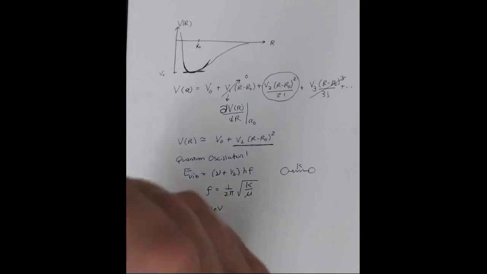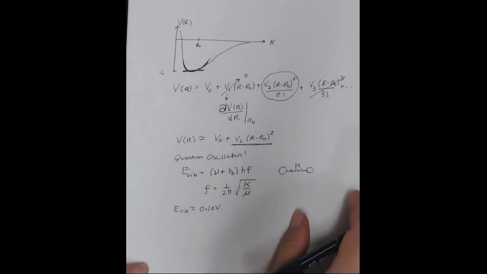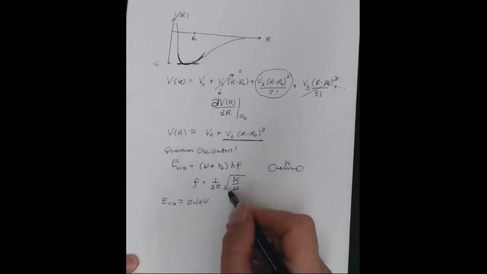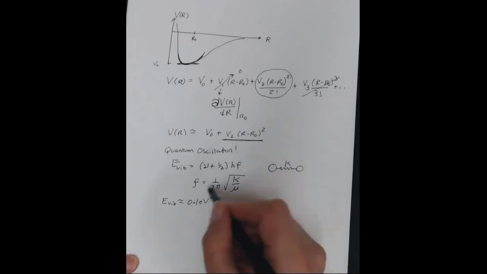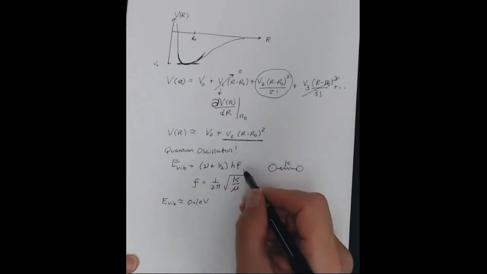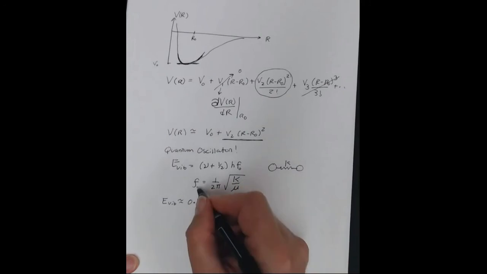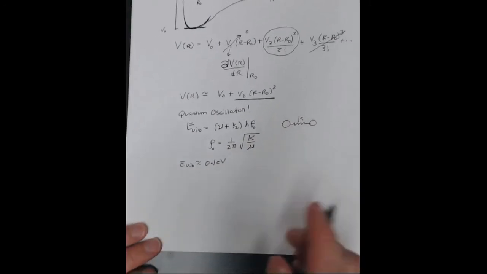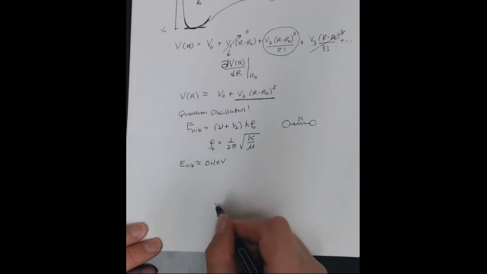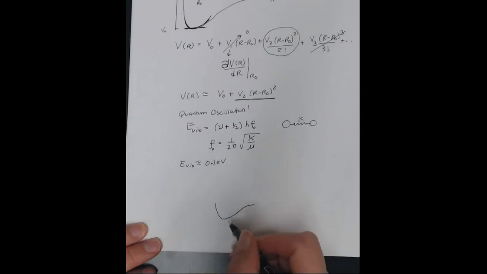So I will also mention that different electronic states have a different fundamental frequency. Maybe I'll call it f naught. For example, here might be your ground state, and this is the representation of the electronic state.